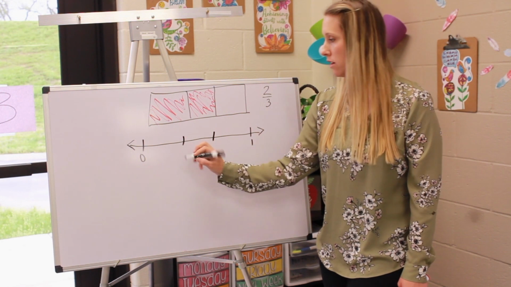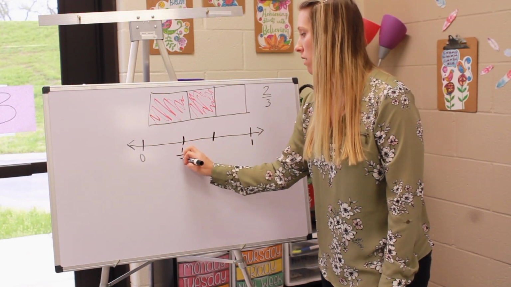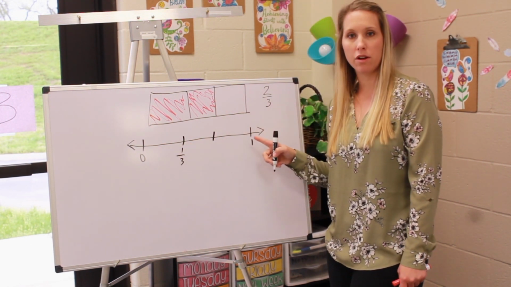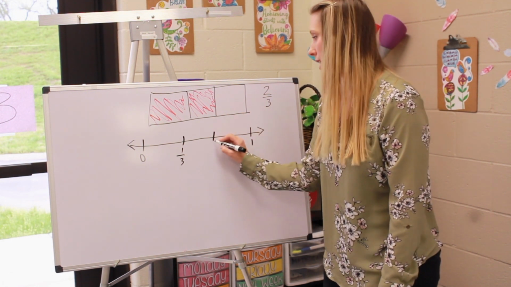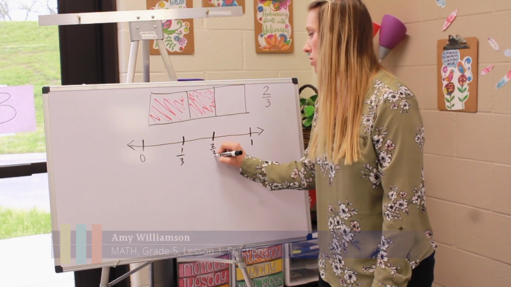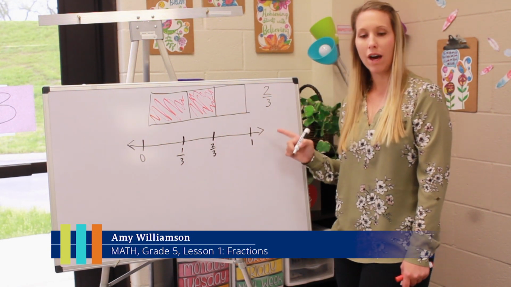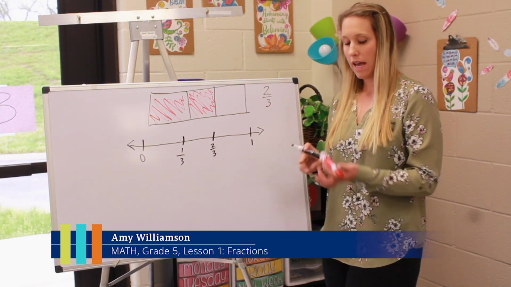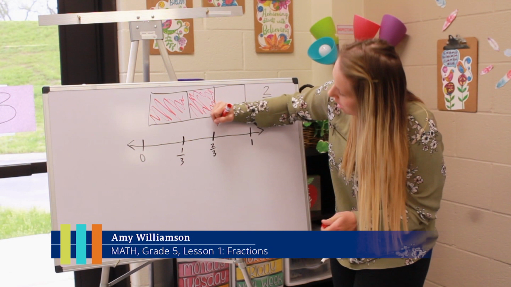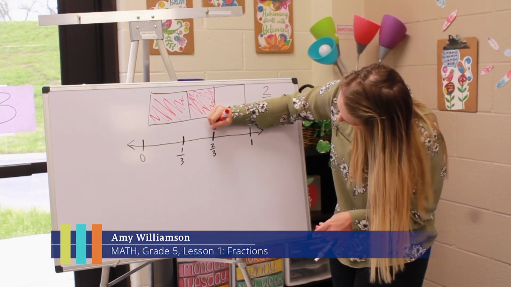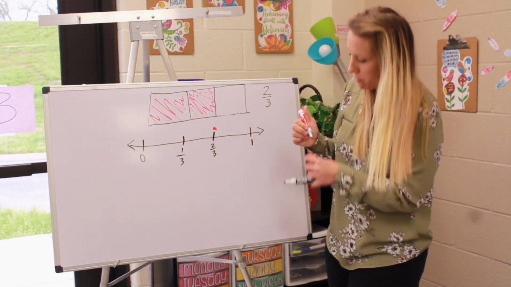The first line would be worth 1/3 or 1 out of the 3 pieces, and the second line would be worth 2/3 or 2 out of the 3 pieces. And I'm going to draw a little dot above the number line at 2/3 to represent that number.